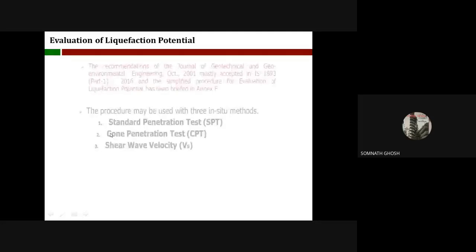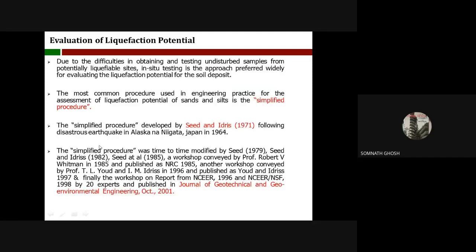Then they modified this simplified method in 1979. After that, in 1996 also, a report came out from the NSF, the National Science Foundation of USA. Many experts published papers in this journal during that period, and workshops took place.